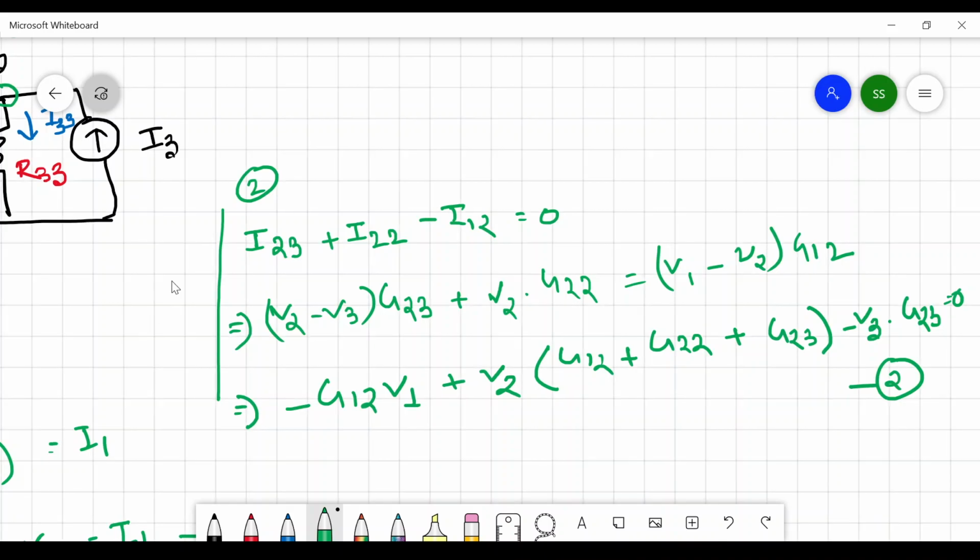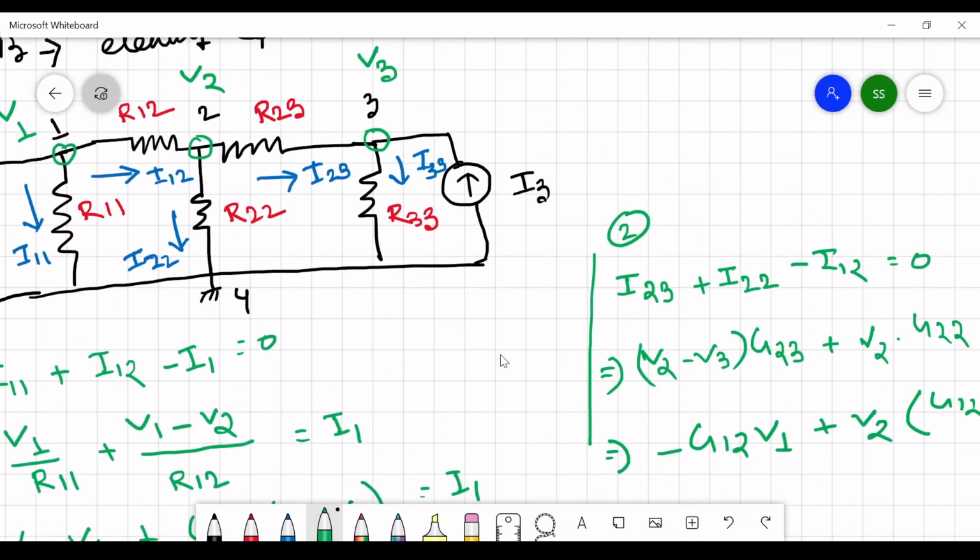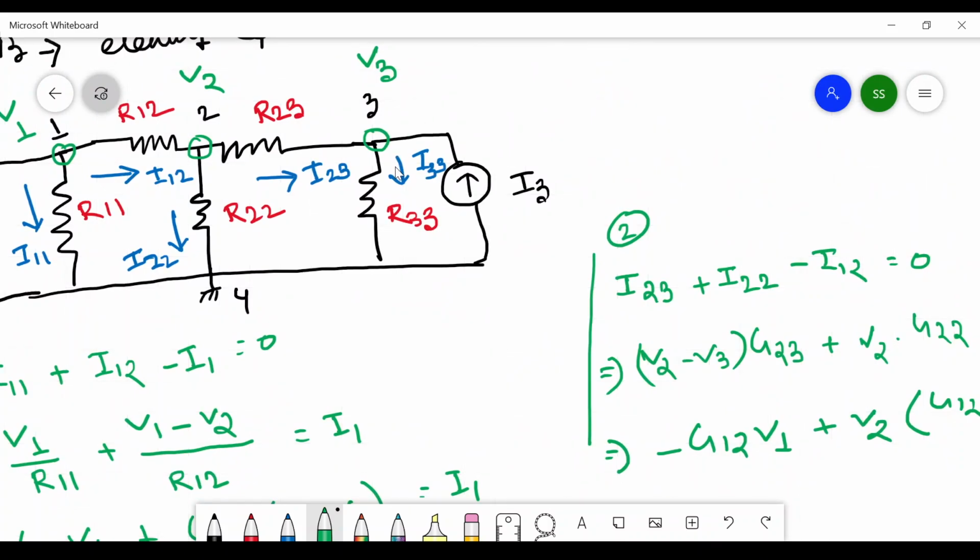Now if I write the equation for node 3, current going into the node will be negative and current going out will be positive. Here it is going into the node, so it will be negative.